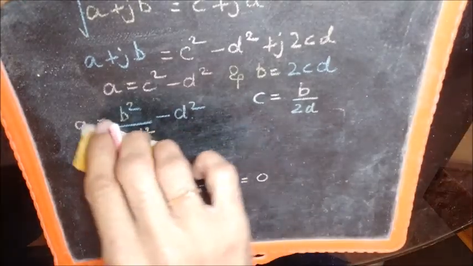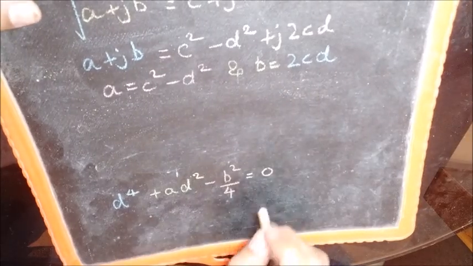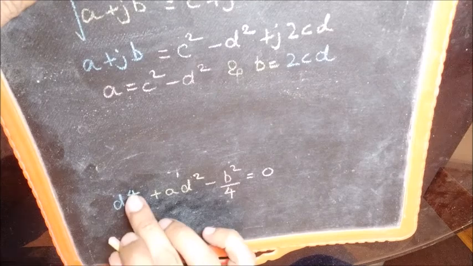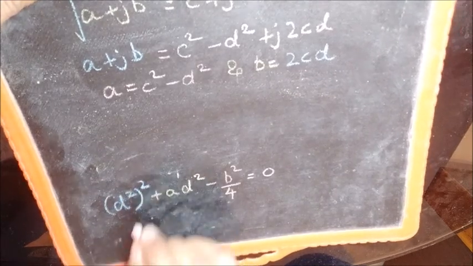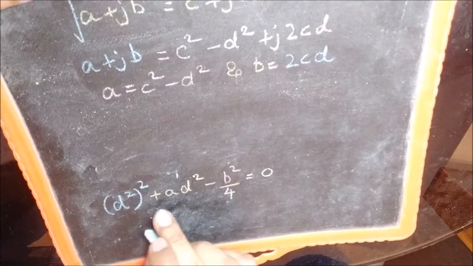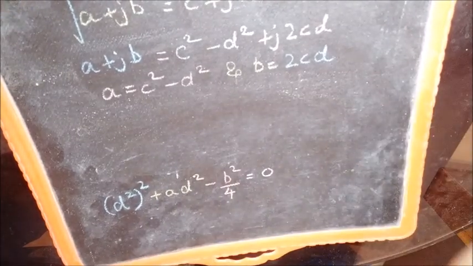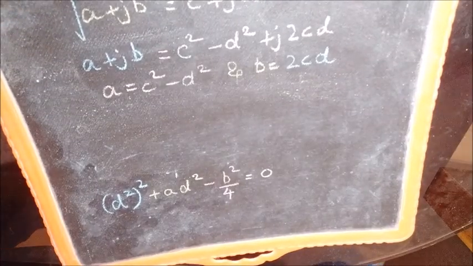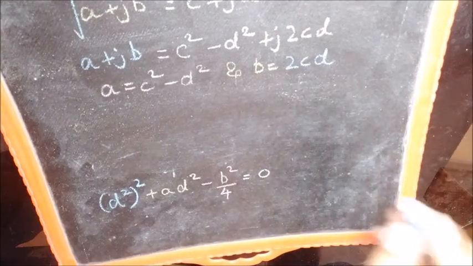Now, if you observe this, this is actually a quadratic equation in d, rather d square. So to express it more explicitly, this is what it is: d square raised to 2 plus a d square minus b square by 4. Now from this we can solve for d square, just as we solve any quadratic equation.